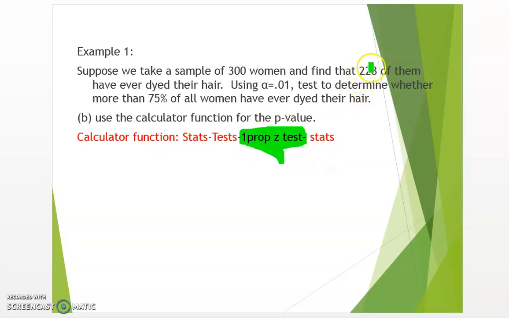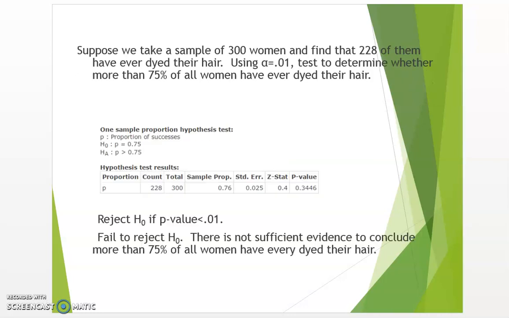Since we are given the stats, you just choose stats. You go ahead and work this on your calculator, and let's wait for the output. Eventually, in the calculator, you should have some output related to the z, which is 0.4, and a p-value, which is 0.3446.